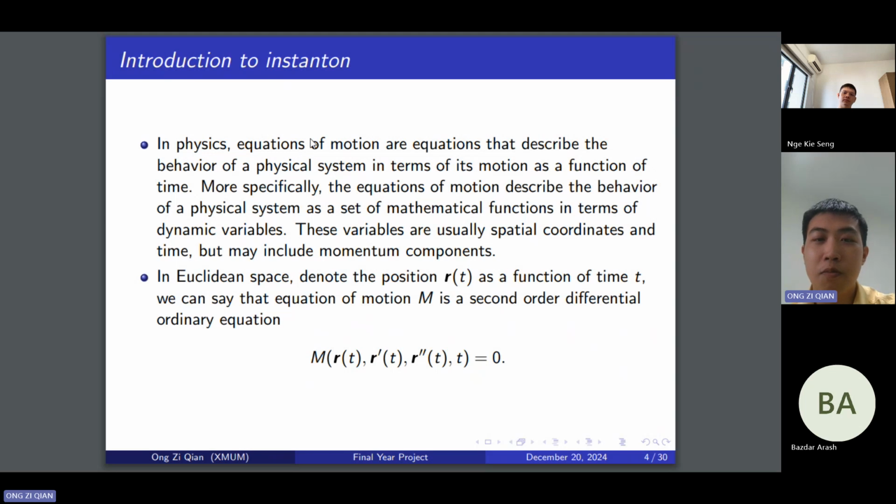So I have to say what the equation of motion is. The equation of motion describes a function that depends on the position and the time. If we write the position as a function of time, then it is actually a second order differential ODE.